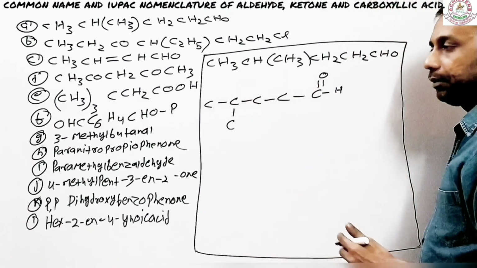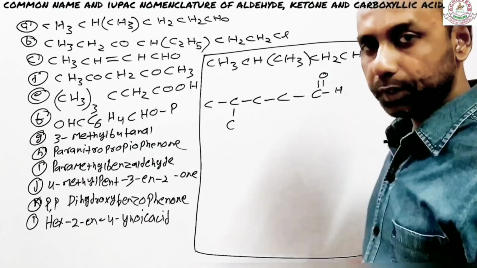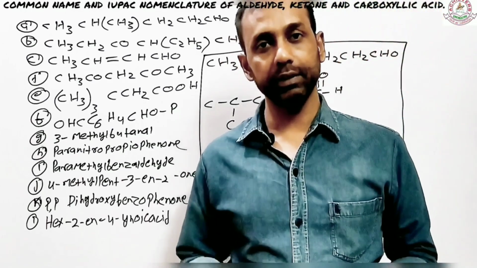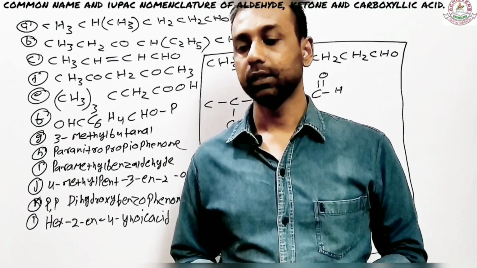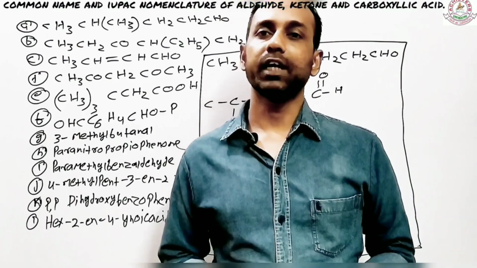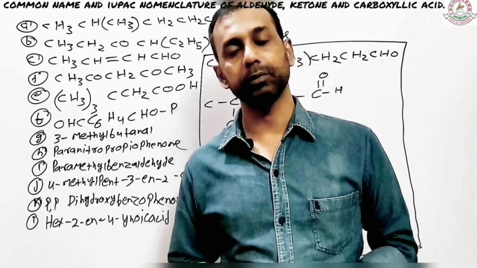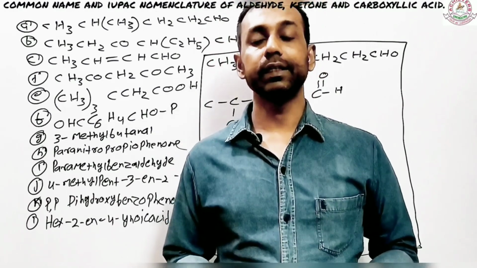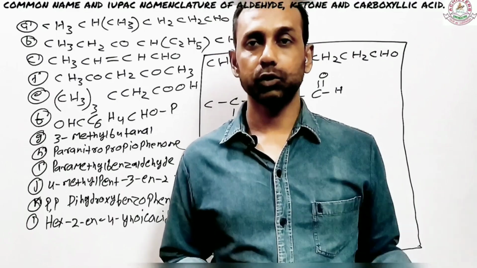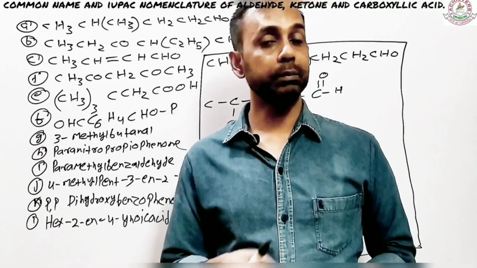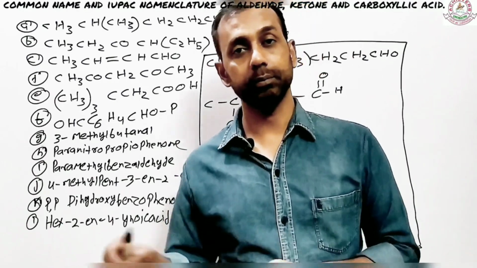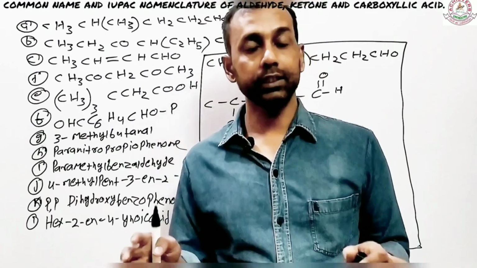Now let's do the naming part. If you remember the priority series, which is very, very important for you, you must know that before you even proceed. That priority series was all in your 11th class, first chapter of organic chemistry. And in case you do not, you can check out the previous video where I have exactly described the priority series and how you can use them, right?